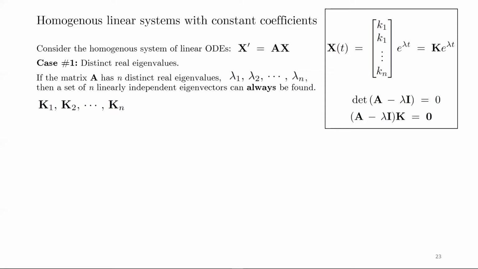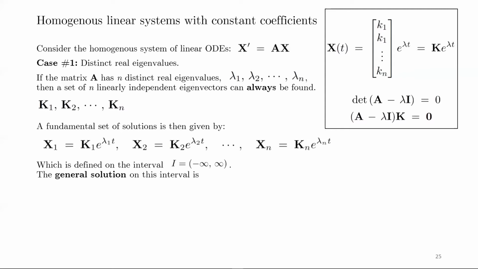Okay, so assuming the eigenvalues of A are real and distinct, then we can find the associated eigenvectors, K1, K2 through to Kn, and a fundamental set of solutions to the homogeneous system of linear ODEs is given like so.